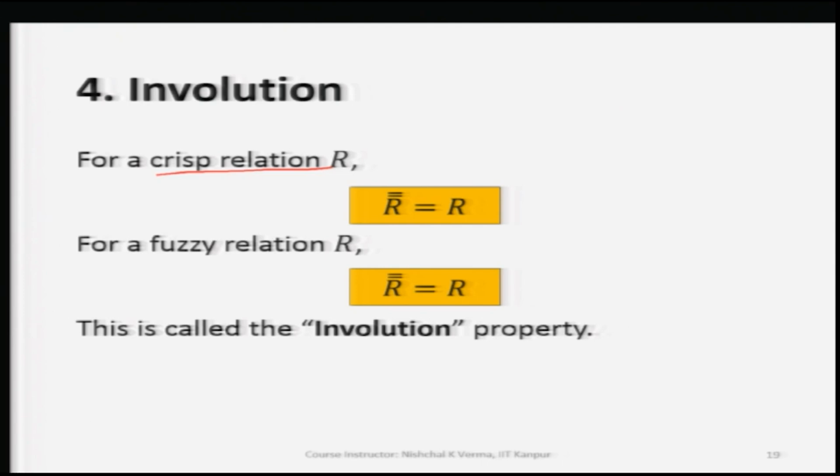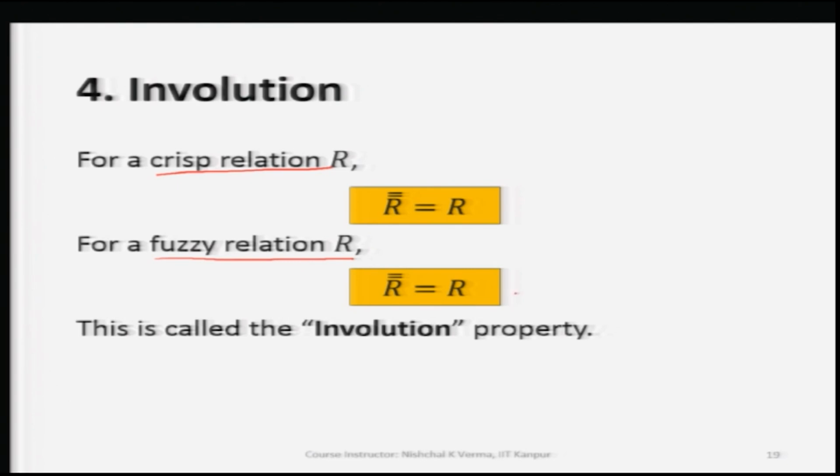So, when we take a crisp relation R and take its complement twice, we are going to get the same set with which we started, meaning R double bar is equal to capital R. And when it comes to the fuzzy relation set R, if we take the complement twice, here also we get the same set again, meaning the double complement of fuzzy relation set R is equal to the fuzzy relation set again.